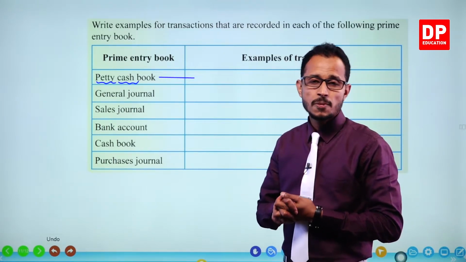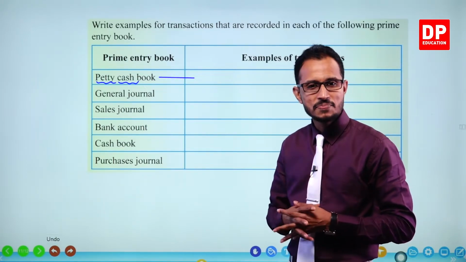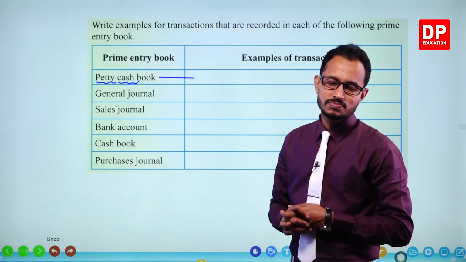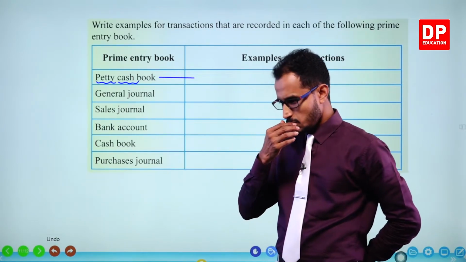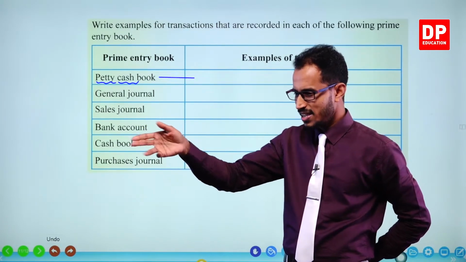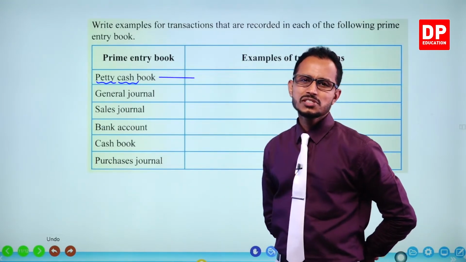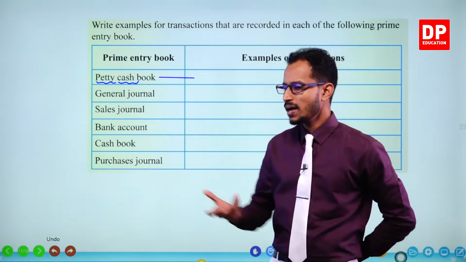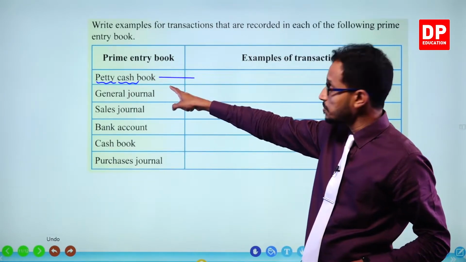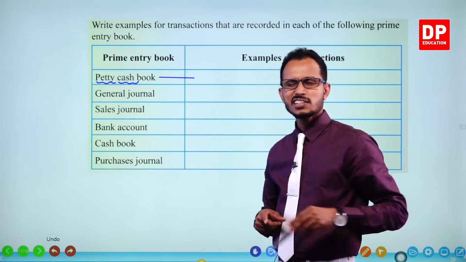A small transaction such as giving 50 rupees to have a tea, giving 20 rupees as bus fare, or giving 100 rupees to an employee to buy a broom, to sweep and clean. These transactions are daily occurring but not entered in the cash book. There is a separate prime entry book for those small daily cash payments.